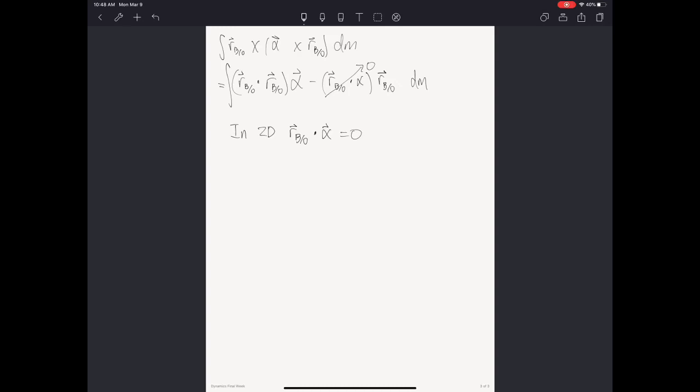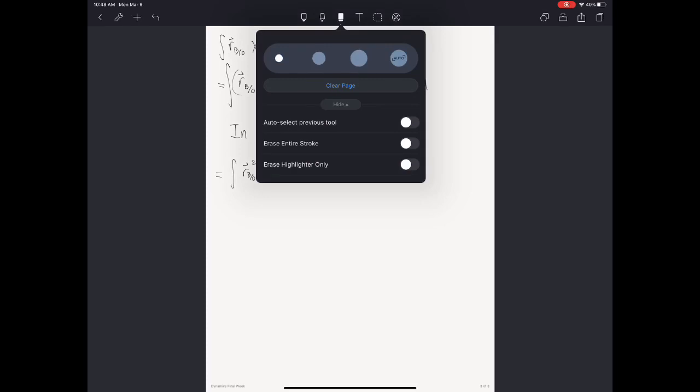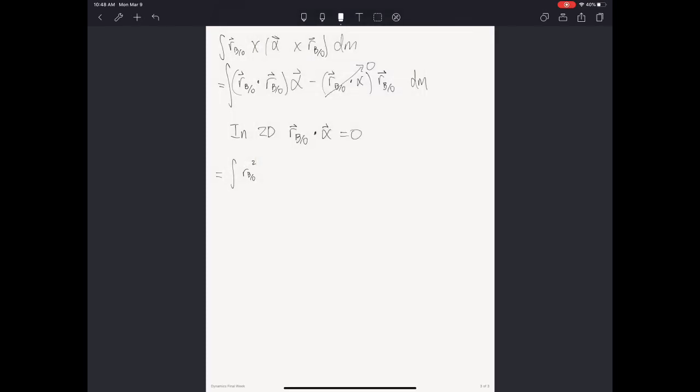All right, the first term is also a little bit more simple. Look at the dot product. The dot product of a vector with itself is simply its magnitude squared. So that means that when I'm done, this is equal to the integral of R_b with respect to O squared times alpha integrated over the mass.